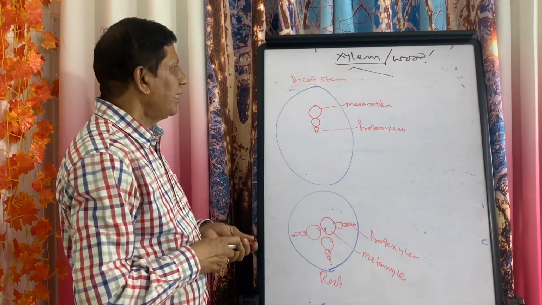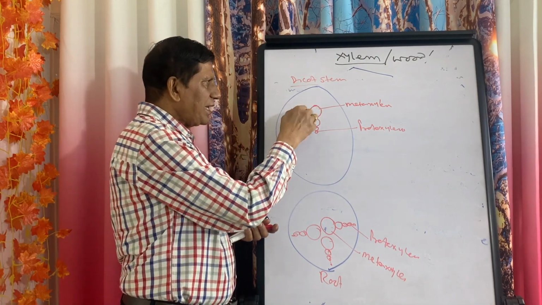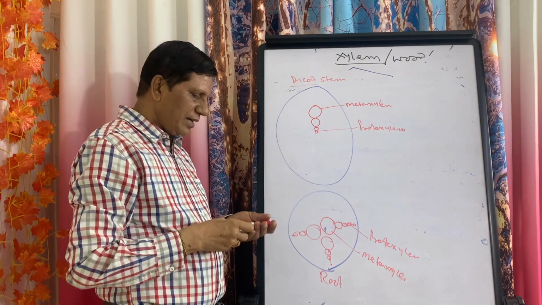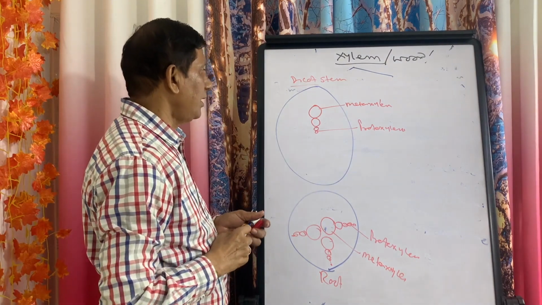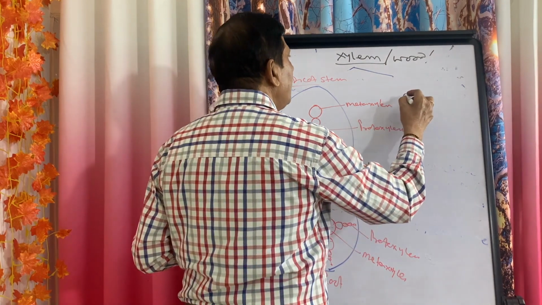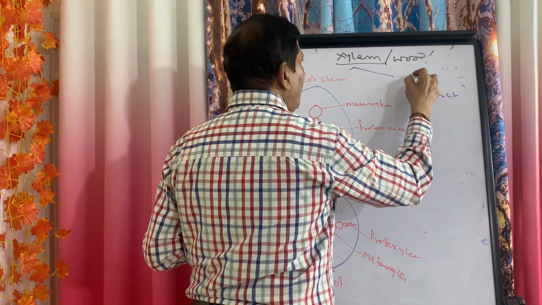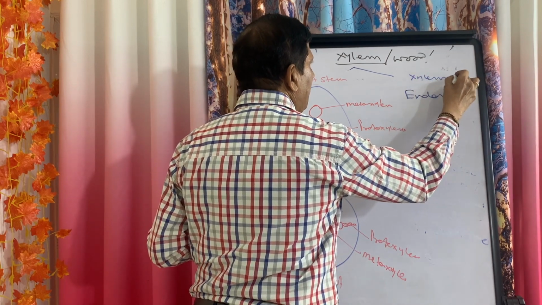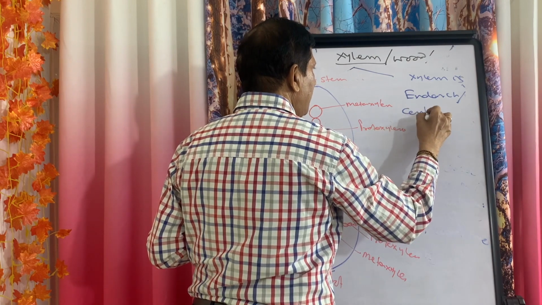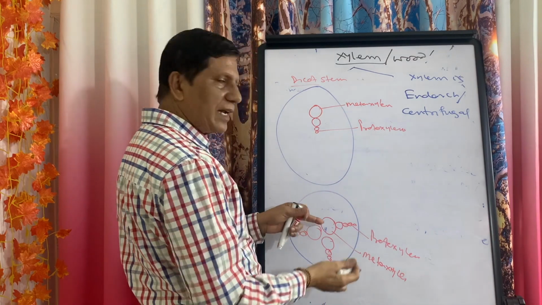Now you see, in the case of stems, the metaxylem is toward the outer side, while the protoxylem is toward the center, towards the pith. This arrangement of protoxylem and metaxylem we can call endarch. That means we can call the xylem endarch, or we can call it centrifugal. While here the case is opposite.